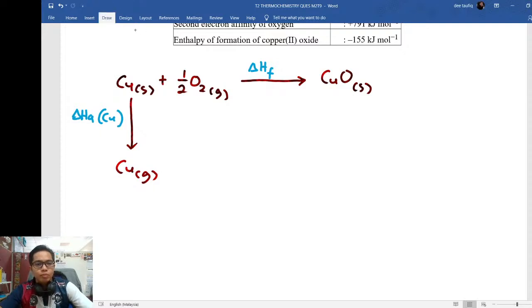Okay, next we atom the oxygen gas molecule. So from half oxygen gas molecule become oxygen gas atom. Gas atom O saja, tak ada O2. So this is enthalpy of atomization for oxygen.